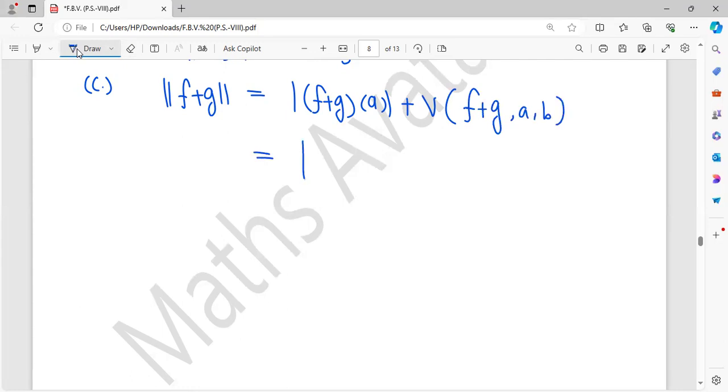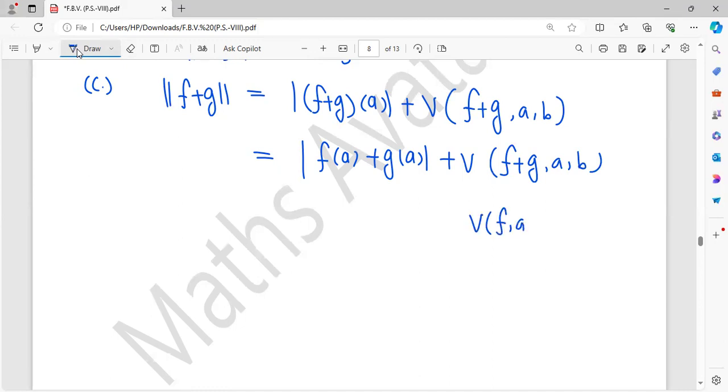So this is F(a) plus G(a). And I know that the variation of F plus G is always less than or equal to the variation of F plus the variation of G. So this part is greater, and this is also greater than this part.